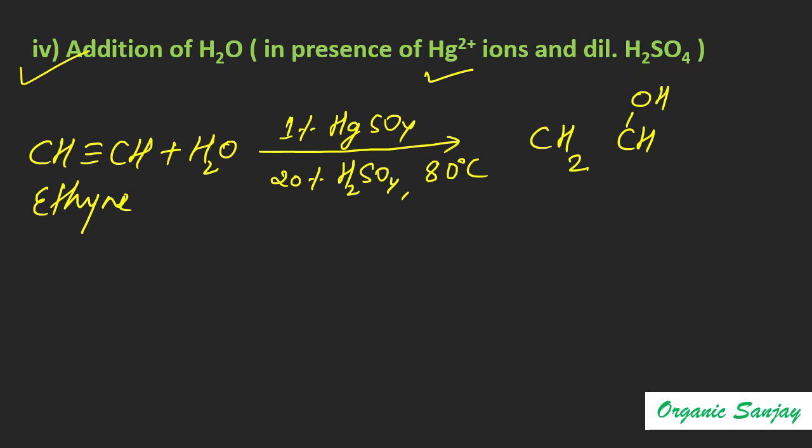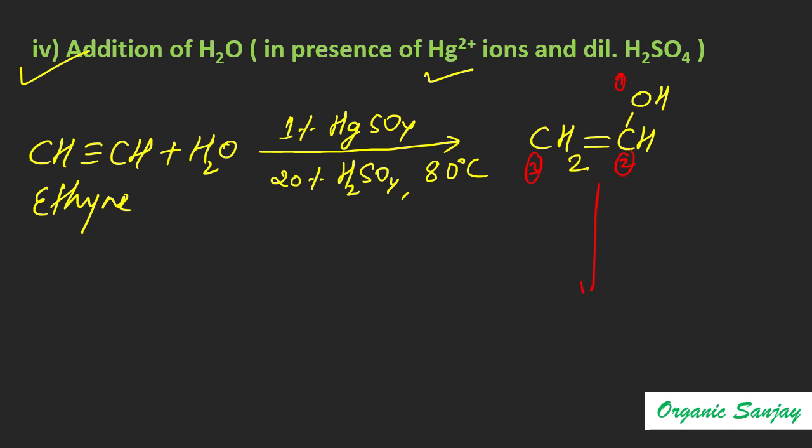Now this vinyl alcohol undergoes rearrangement. We call it a 1,3 rearrangement, a 1,3 shift of hydrogen. So hydrogen from this oxygen will shift to this carbon: 1, 2, 3. We call it a 1,3 shift.